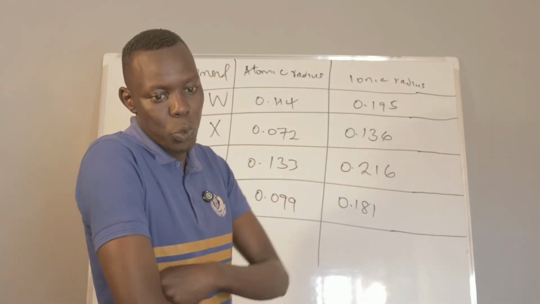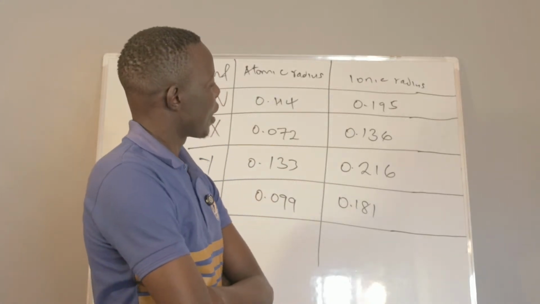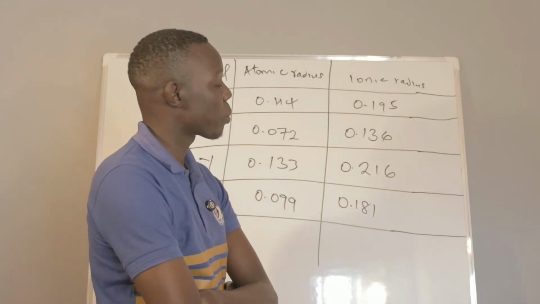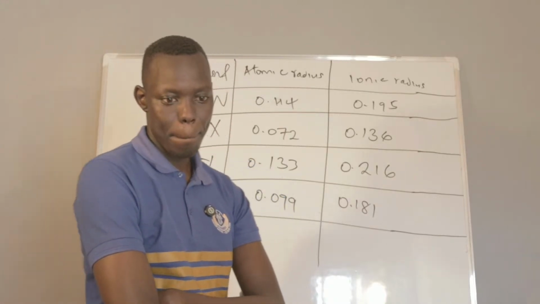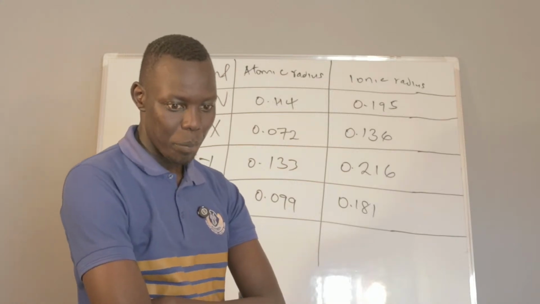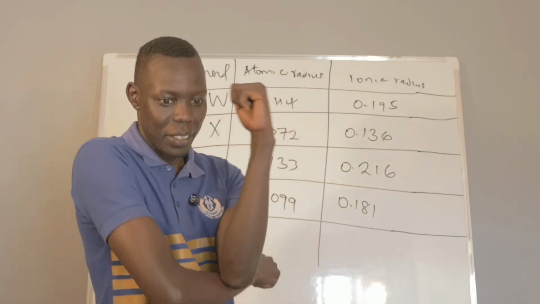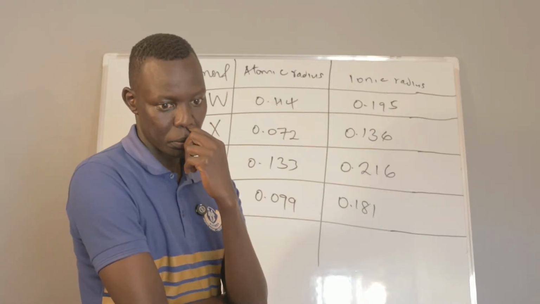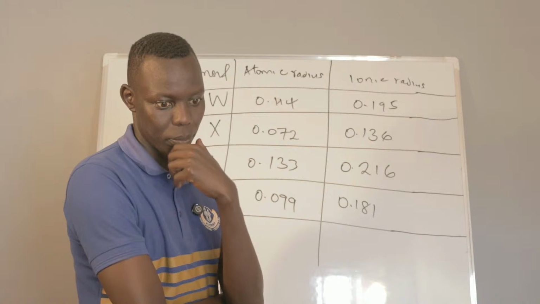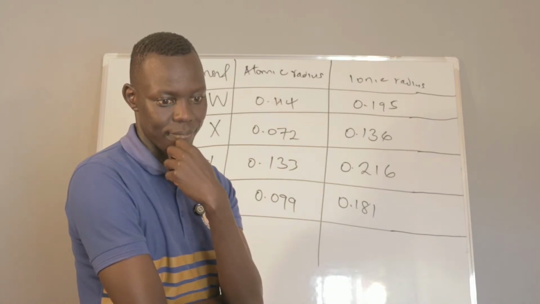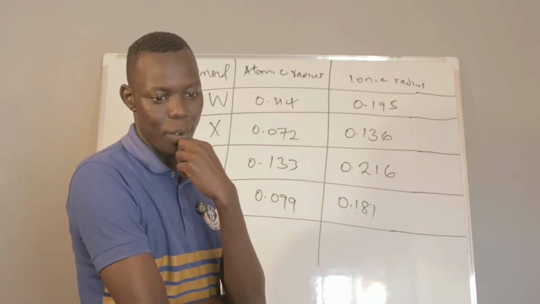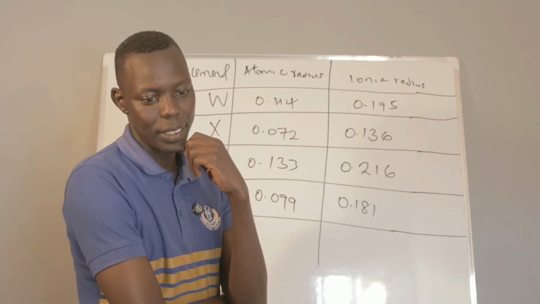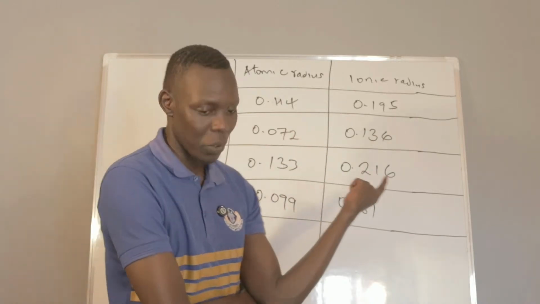What I want you to ask yourself is, between metals and non-metals, which one has a larger ionic radius than the atomic radius? Are these metallic or non-metallic? I'm waiting for somebody. Most probably Beverly. Are these metals or non-metals?